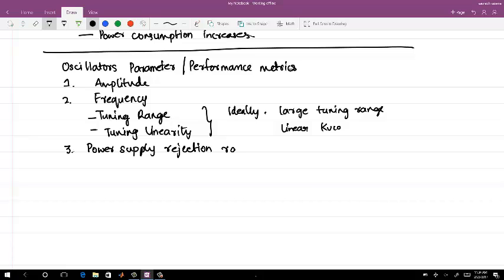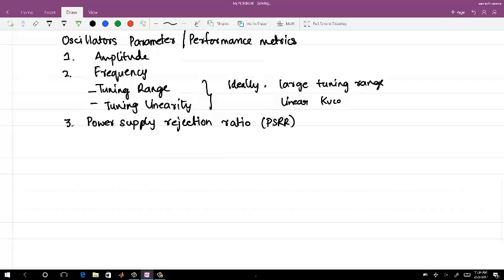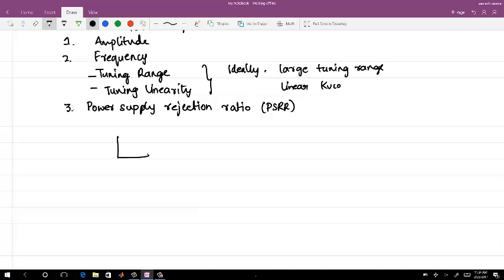Okay, which is termed as PSRR, and this is very important because, let's say you are having a VCO and all the power it is driving from VDD, and this is the output.